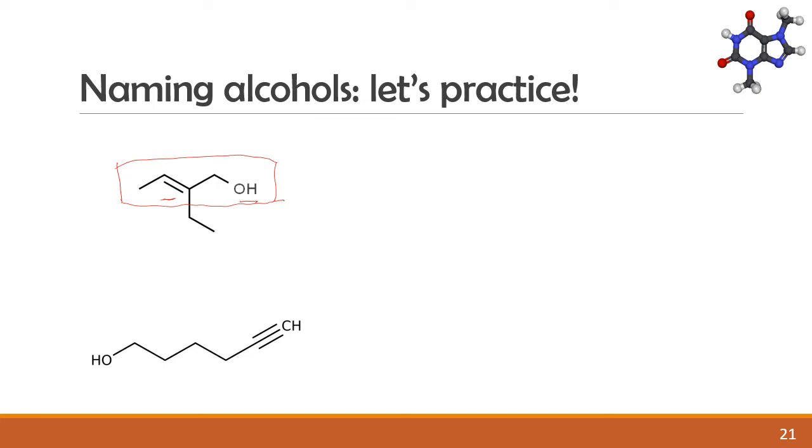Our parent chain has 1, 2, 3, 4 carbons. A 4-carbon alkene is called butene. To name its alcohol, we simply remove this E and replace it with OL, which gives us butenol.